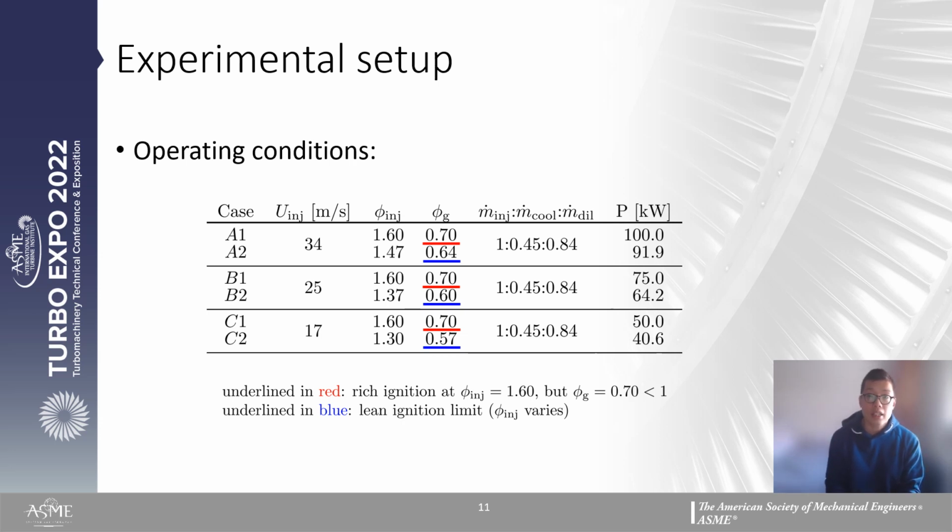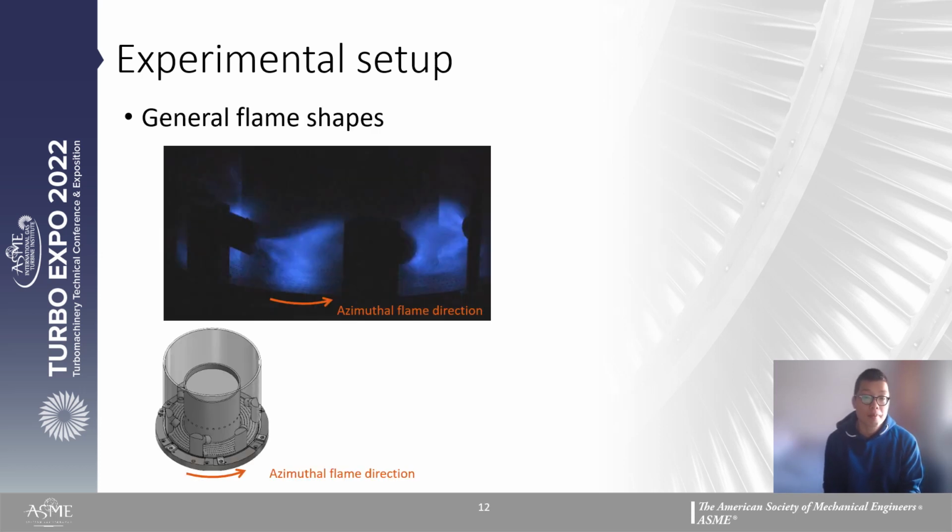As mentioned earlier, we have kept the air mass flow splits between the injectors, the dilution ports, and the effusion cooled backplane constant for all cases, as shown here. And over here, we can see a clip of the spinning flames orientated in an azimuthal direction.